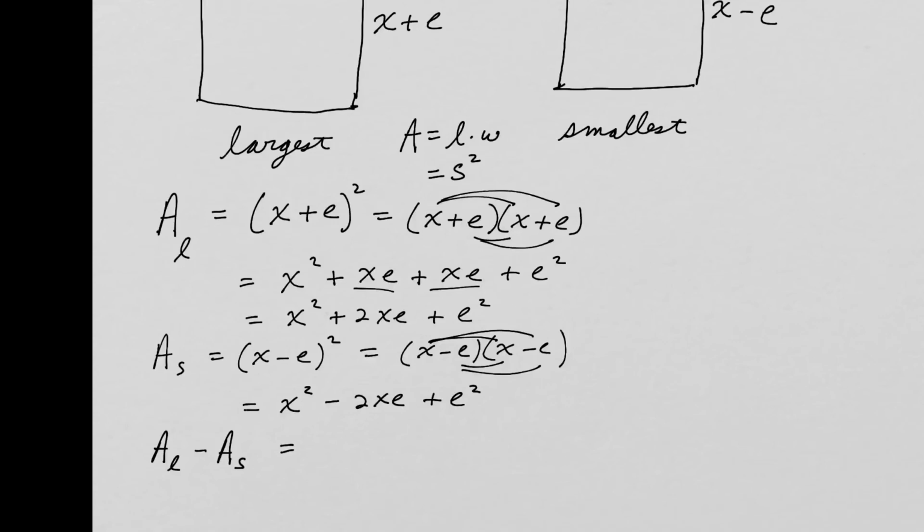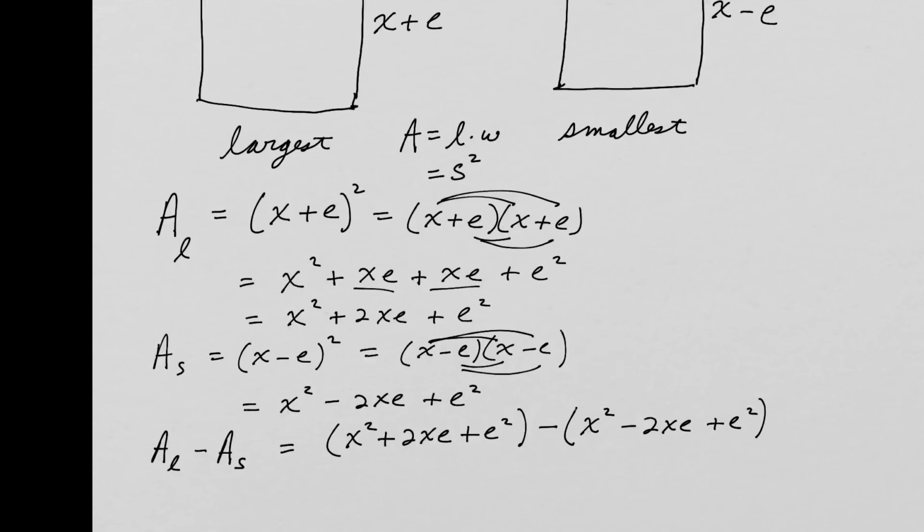And remember what these were. A sub L was x squared plus 2xe plus e squared. And I want to subtract x squared minus 2xe plus e squared, right? This was AL, the first term, and the second one is AS.